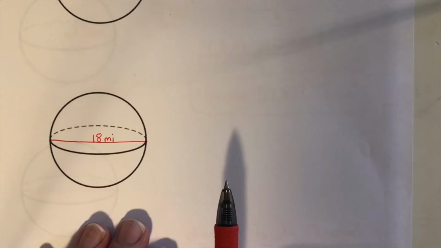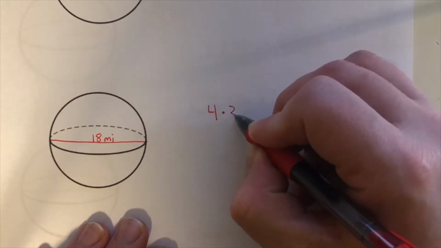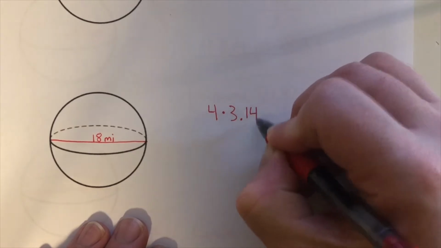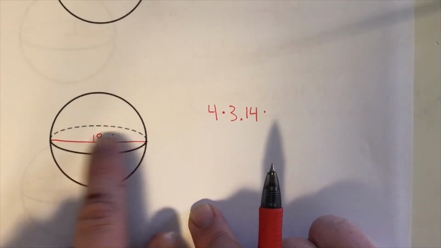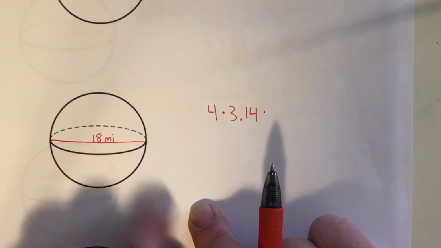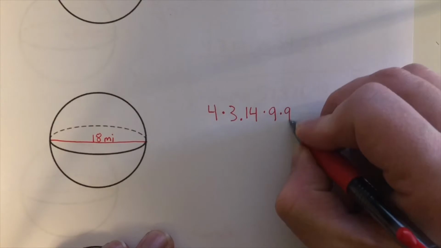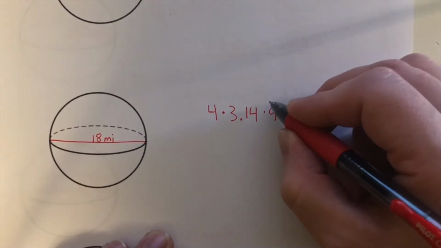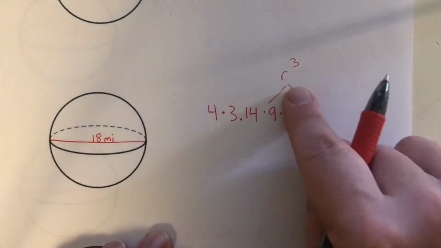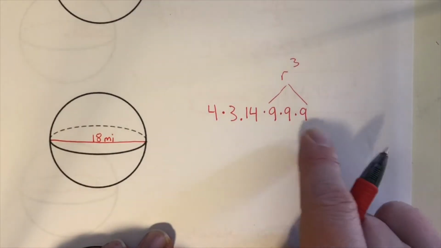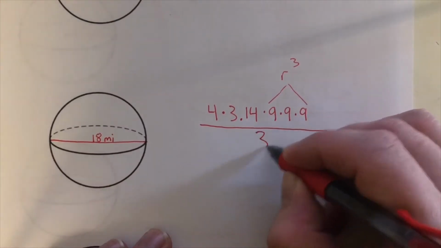So when I'm putting it into my formula, I have to take the 4 multiplied by pi. And then we know that if this is my diameter, half of 18 is going to be 9. So I would have to take 9 times 9 times 9, because once again, this is r to the 3rd power. So 9 times 9 times 9, that's where that comes from. And then I divide by 3.